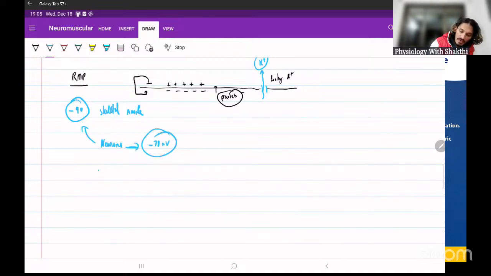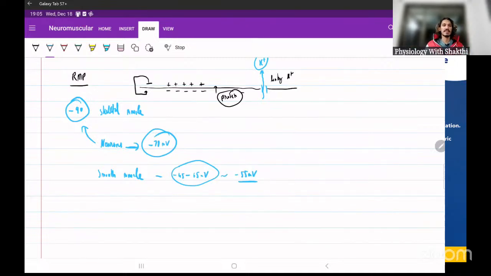And then we have smooth muscle. Smooth muscle has an undulating, changing RMP, which is in the range of minus 45 to minus 65 millivolt, and on average we say around minus 55 millivolt. So these are the various values of RMP.